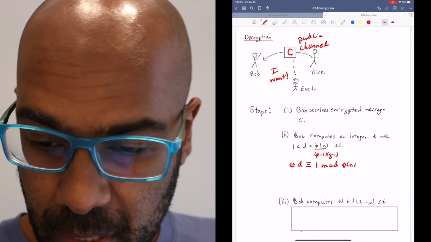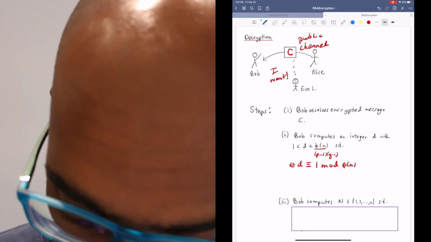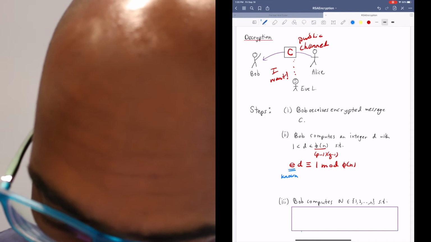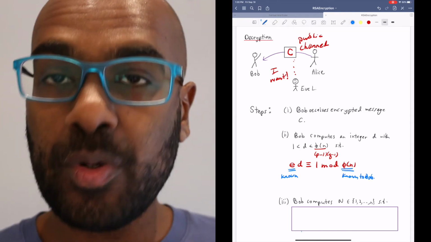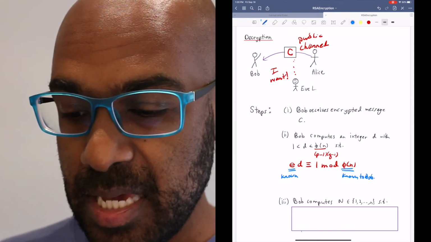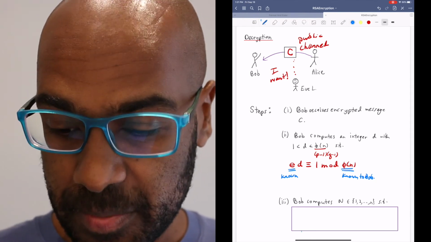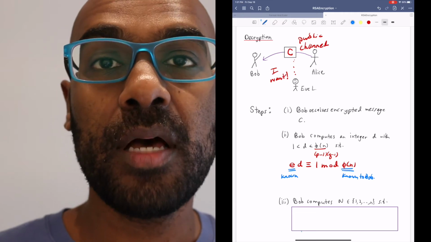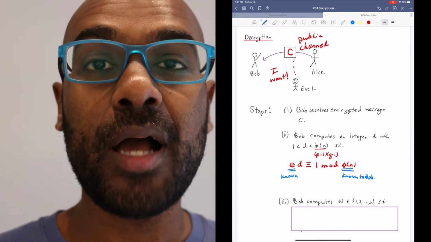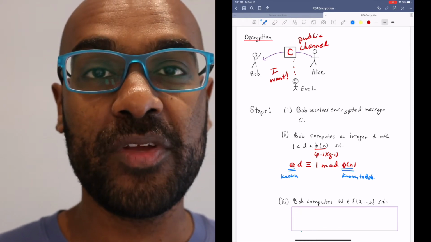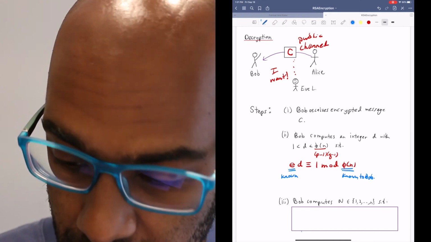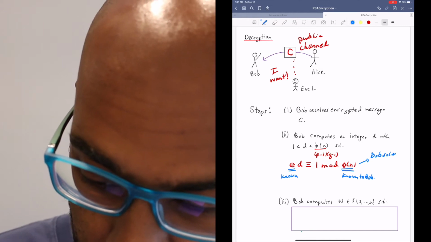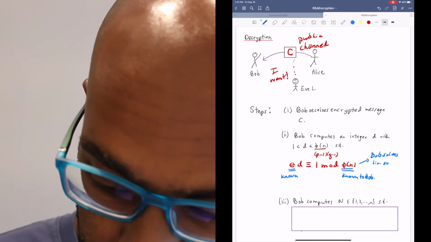Okay, so E is known because it's public, and φ(n) is known to Bob. So E and φ(n) are numbers that Bob knows. So Bob can figure out what D is by solving a linear congruence equation, which we talked about in the video linked right over here. Okay, so Bob solves a linear congruence equation to get this.